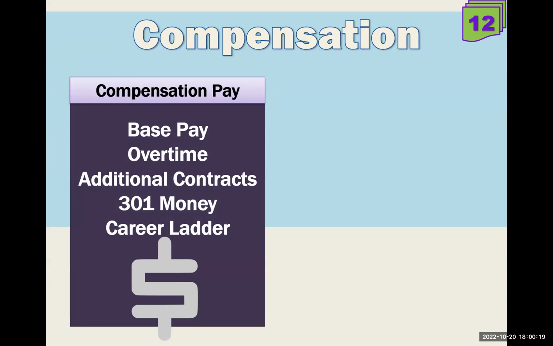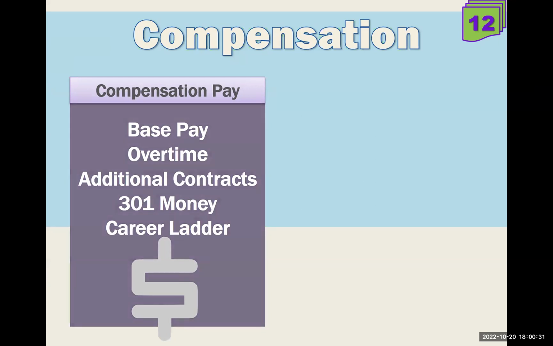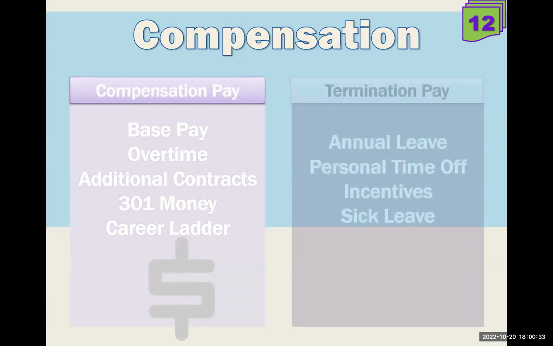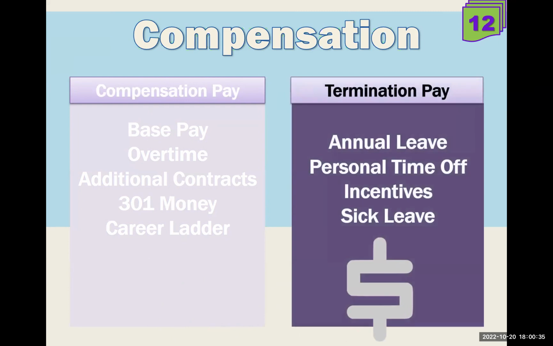Compensation pay includes base pay, overtime, and for school employees, it also includes additional contracts, 301 monies, and career ladder. The other term is termination pay. This is money that you will receive because you are terminating your employment. Termination pay includes annual leave, personal time off, incentives, and sick leave.